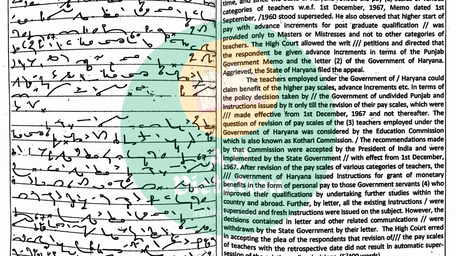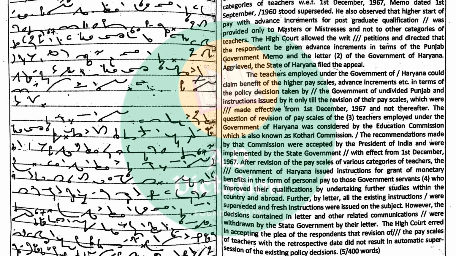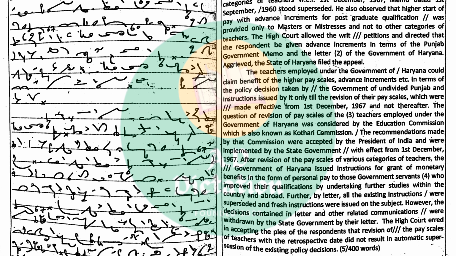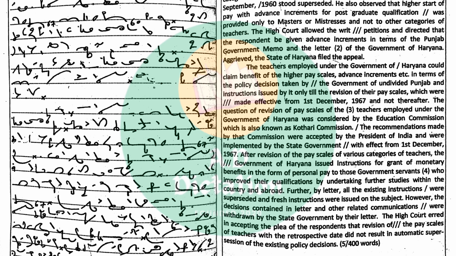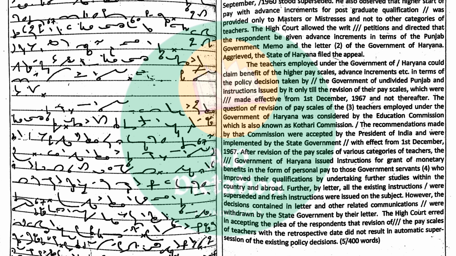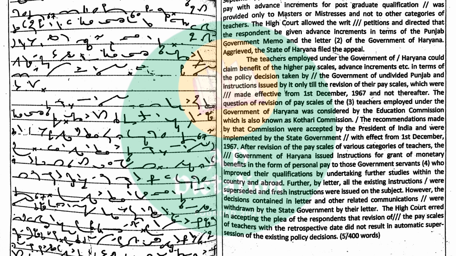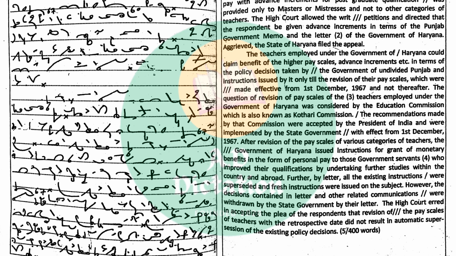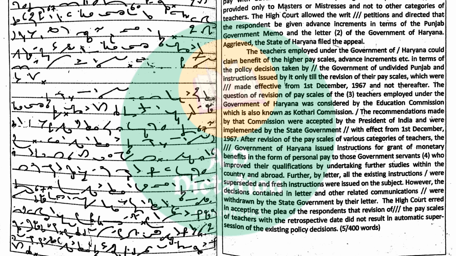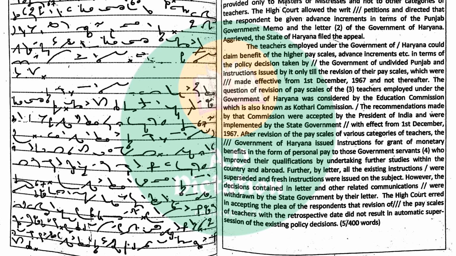The question of revision of pay scales of the teachers employed under the government of Haryana was considered by the Education Commission, also known as the Kothari Commission. The recommendations made by the Commission were accepted by the President of India and were implemented by the state government with effect from 1st December 1967.